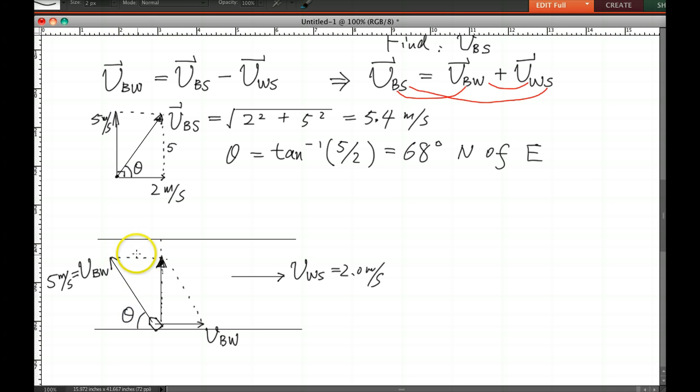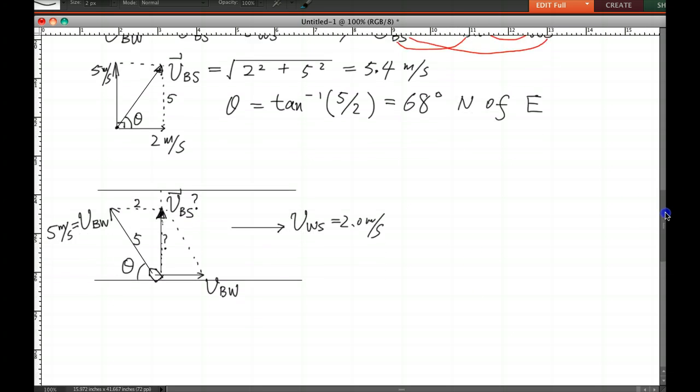Now if you look at this triangle, this one is supposed to be 2. Right, and then this is 5, this is 5, and this is actually something we don't know. So this is V_BS, right? So now we know we need to find out this, right? So the question is just a different situation.